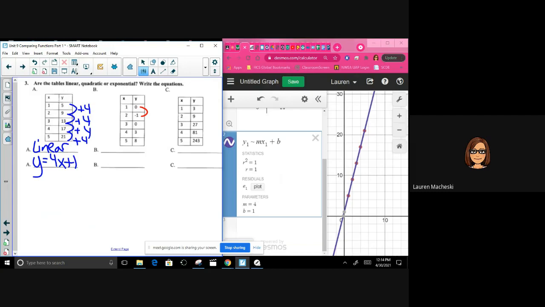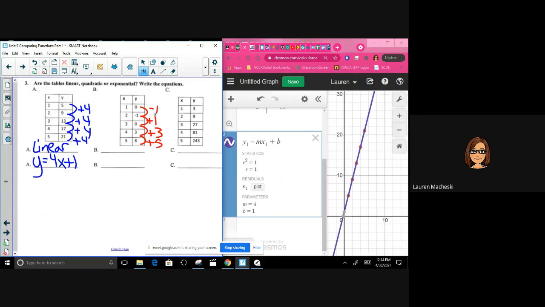What's happening there? You're minusing 1. -1 to positive, which is 0, is adding 1. 0 to 3 is adding 3. 3 to 8 is adding 5. So if the first difference is not the same, what can it not be? It's not linear. So it's got to be quadratic.